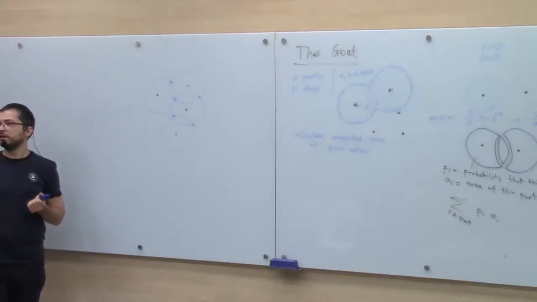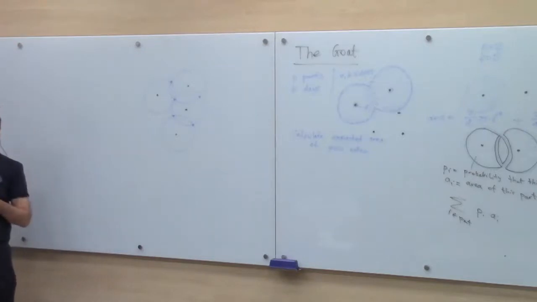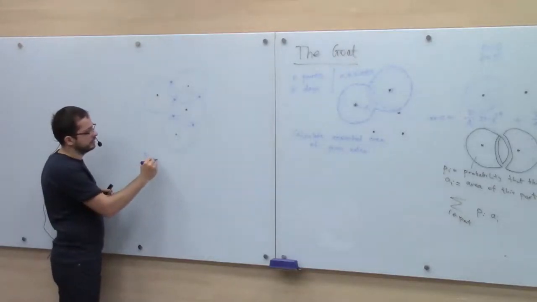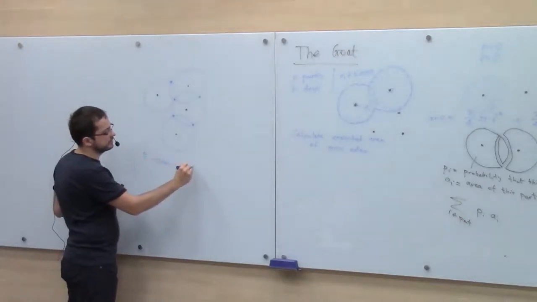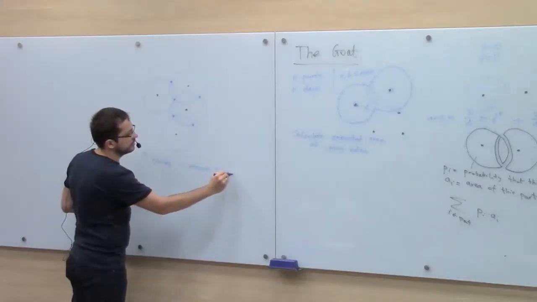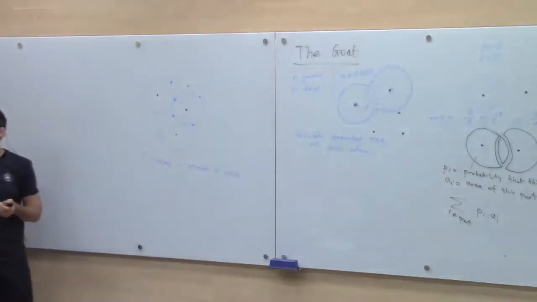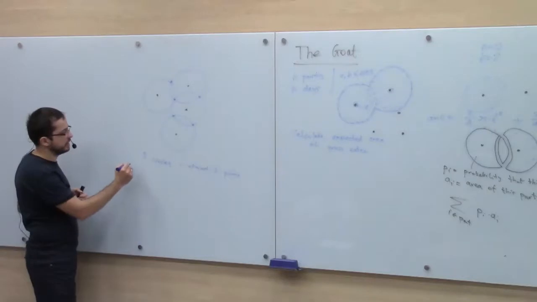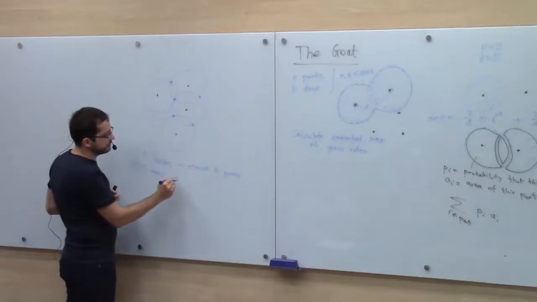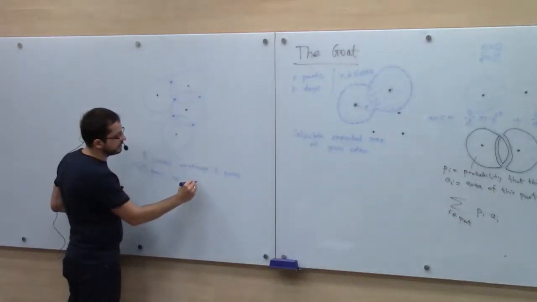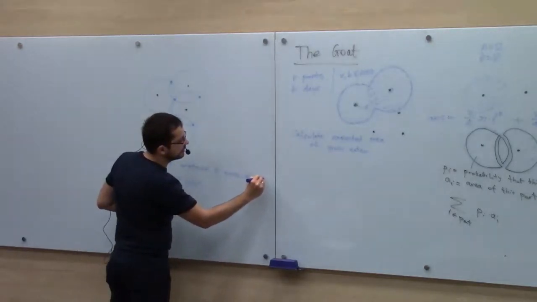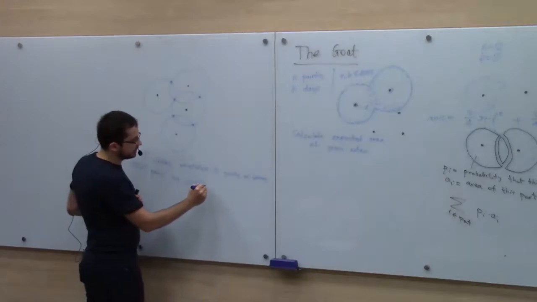For two circles we get at most two points in which they are intersecting. So if we have n circles, we have n squared pairs, so we would get at most n squared points of intersection.